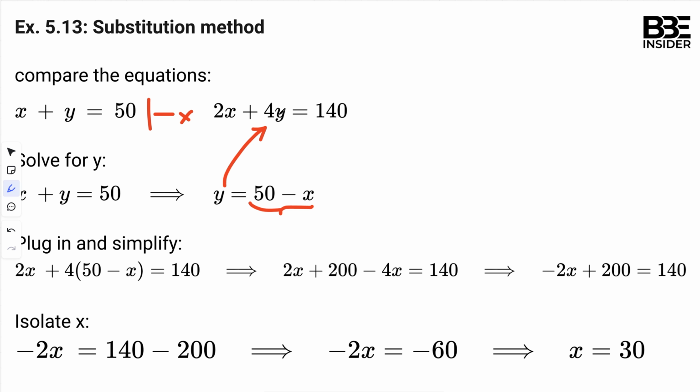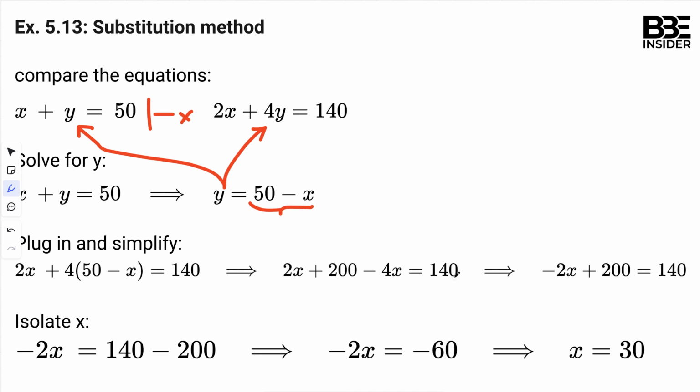So, instead of 4y, we write 4 times 50 minus x, which we calculated right here, and then simplify this whole expression. As you can see, it's way more complicated than if we had inserted it just right here, but this is what we need to deal with now.